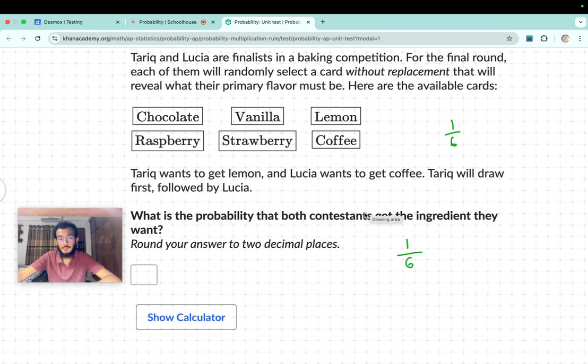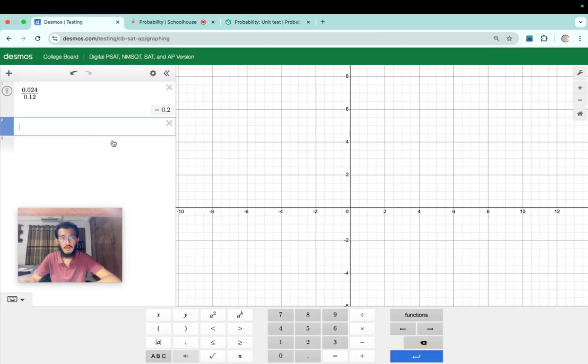So because we want both of them to happen, once Tariq takes out coffee, sorry, lemon, the total decreases by 1, so it becomes 5, and we have 1 coffee, so 1 upon 5. This is the probability that both contestants get the ingredient they want. 1 upon 6 times 1 upon 5, so 1 upon 30.